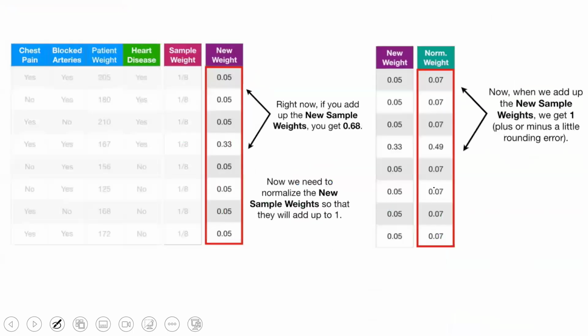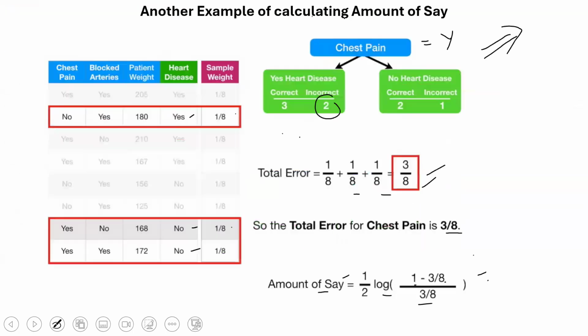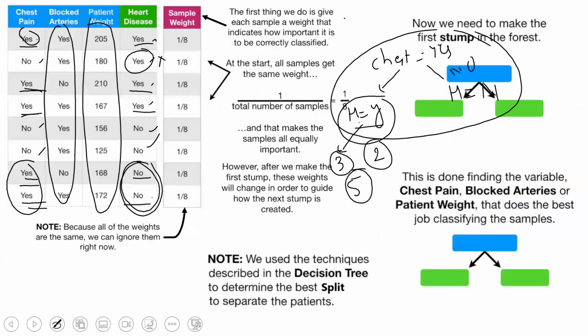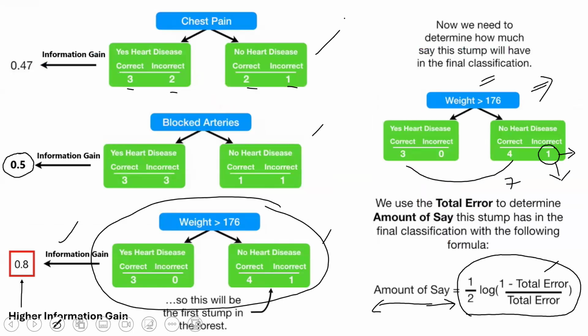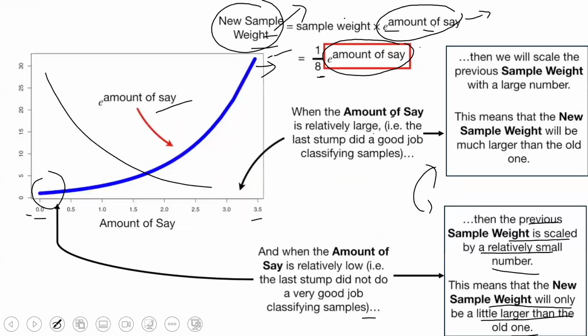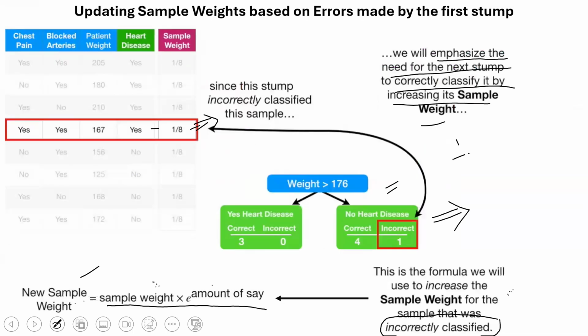Now if you calculate the new weights for each of the records, this is a rightly classified one, so this becomes 1 by 8 into e to the power of minus amount of say. If you want to do the math, the amount of say for this stump is 1 by 2 log of (1 minus total error) by total error, where total error is 1 by 8.